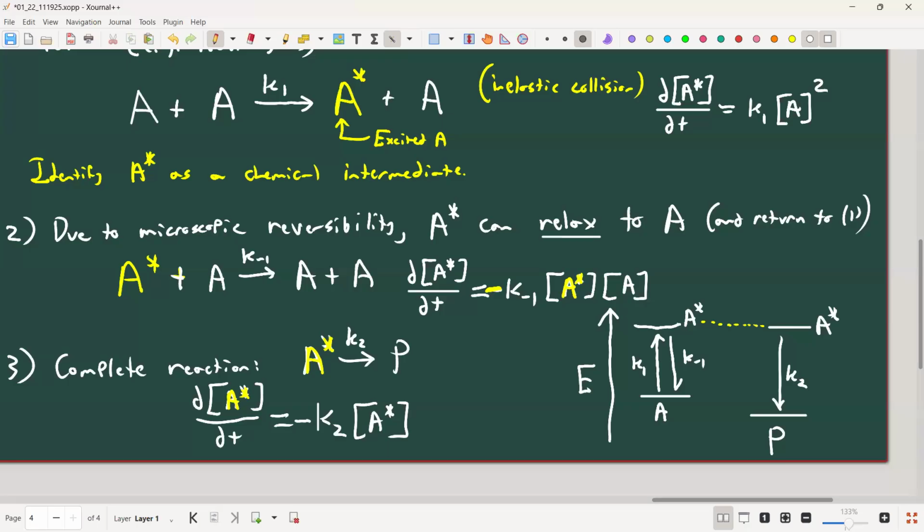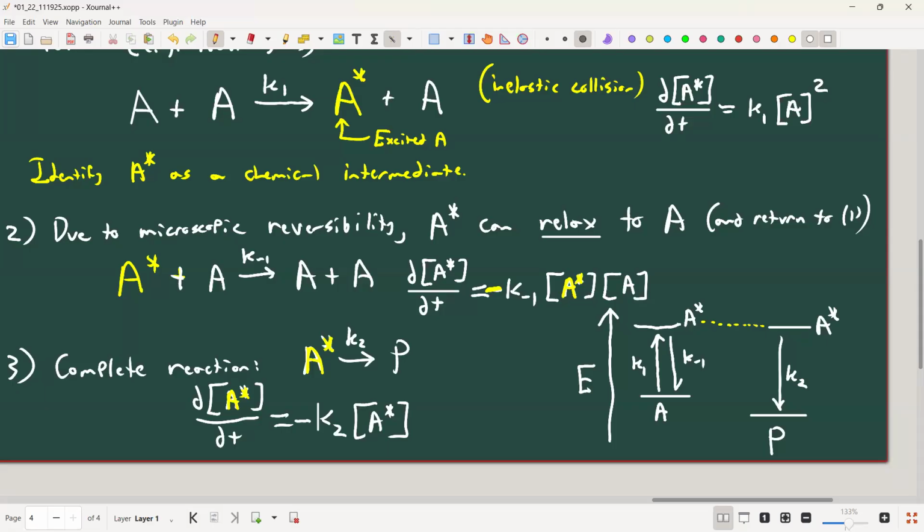So if those rates are sufficiently fast, any molecule of A star you make immediately gets depleted to form P or A back. So what that means is that any bump in A gets compensated with a decrease in A star. So what we can say about the concentration of A star is that it's constant.